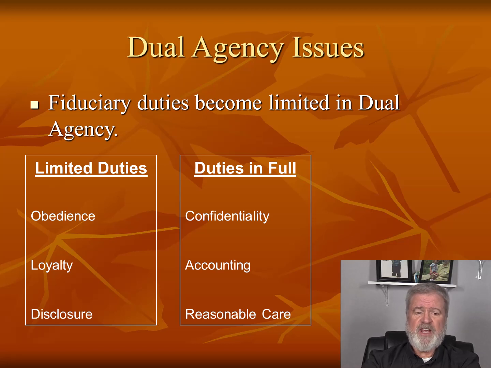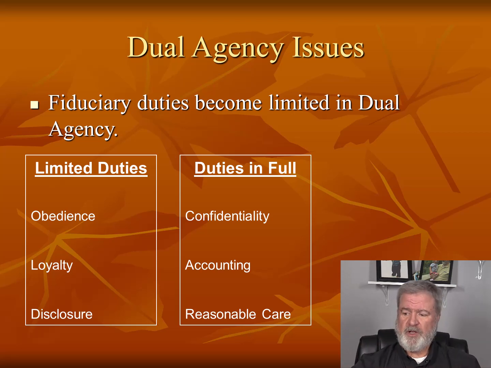Obviously the confidentiality, accounting, the reasonable care and due diligence. Those 3 you provide in full. But you would do well to remember the 3 duties that are limited if you're in a dual agency situation. Okay? All right.